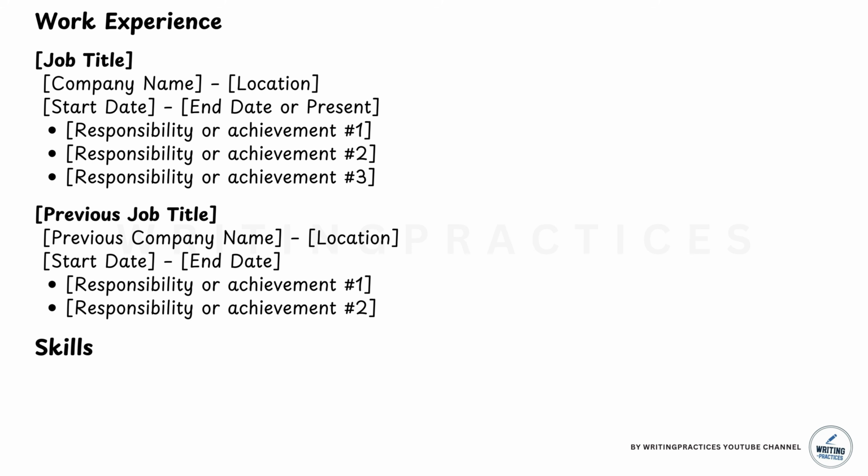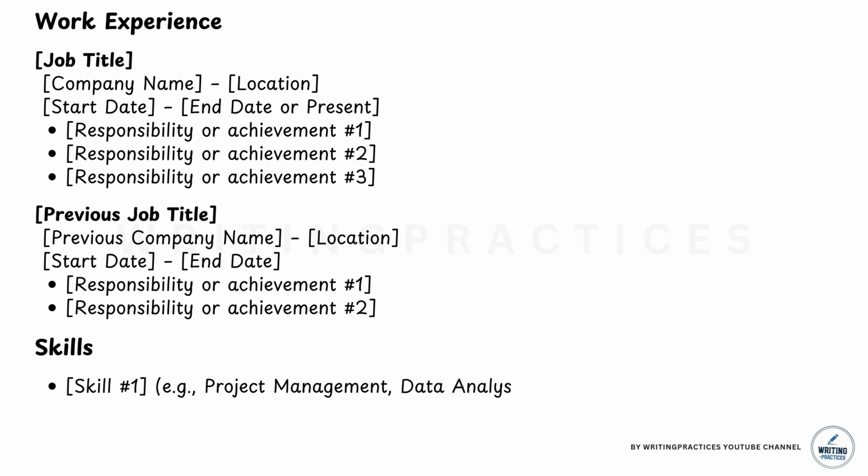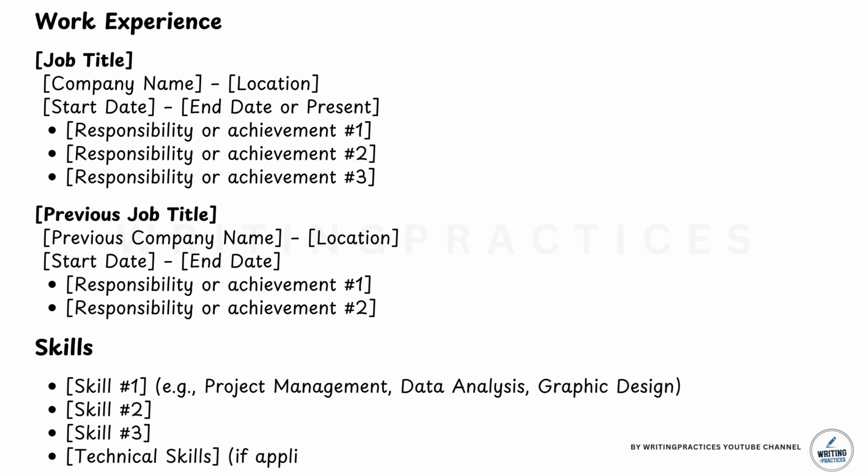Skills, showcasing your strengths. In this section, list key skills relevant to the job you're applying for. These can include technical skills, such as programming languages, data analysis, graphic design. Soft skills, such as leadership, problem-solving, teamwork. Industry-specific skills, such as project management, financial modeling, content writing.